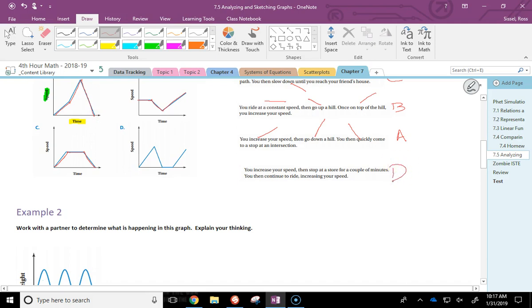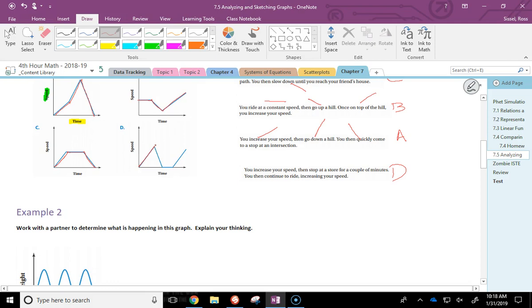Which means our last one is we increased our speed, stopped at a store for a couple minutes, so I stopped, I'm not doing anything. Continue to ride at increase. Oh, this would make sense.